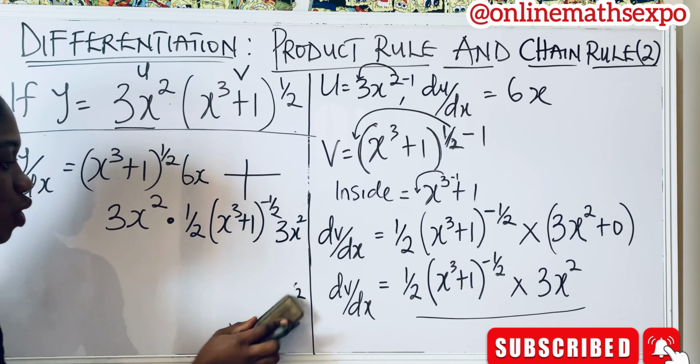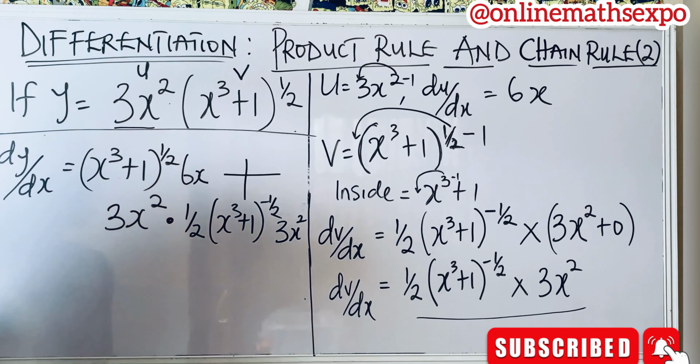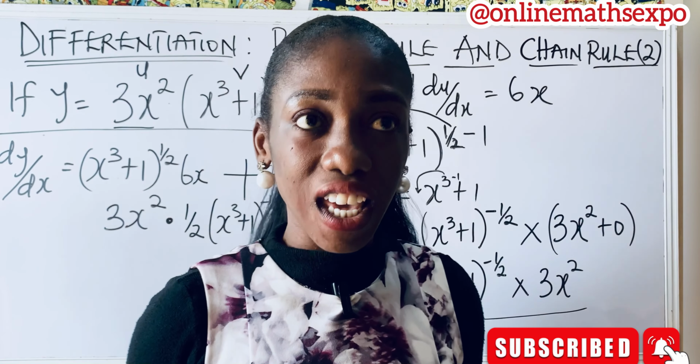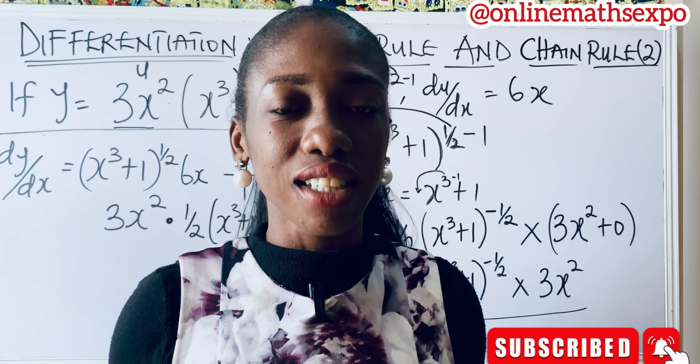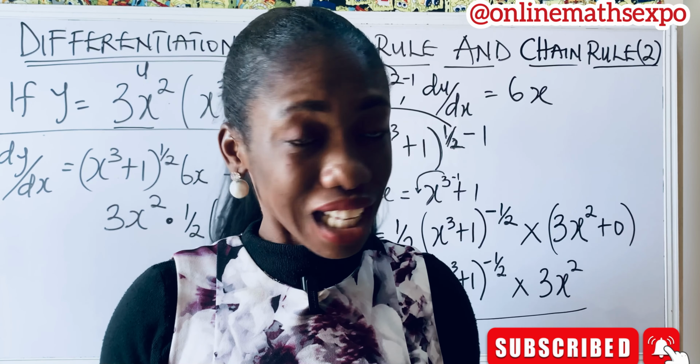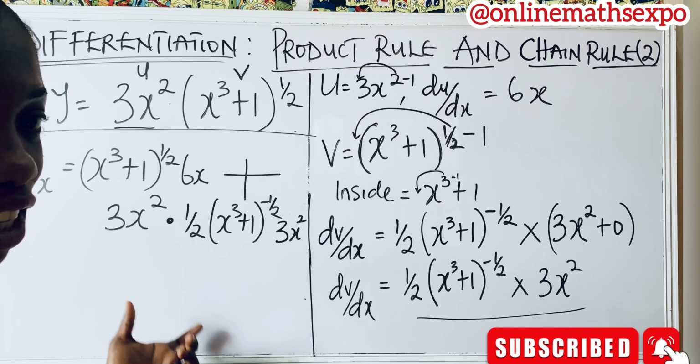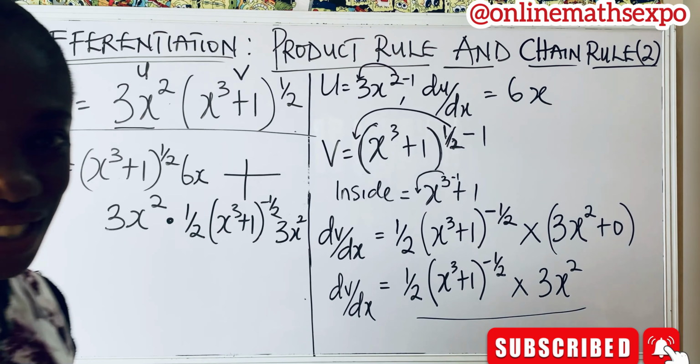Now at this point, what we are going to do is simplify. Just do as much as you can. Make sure you simplify very well. So let's do the simplification together.